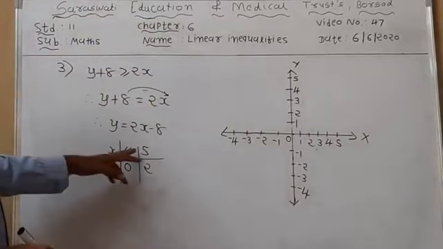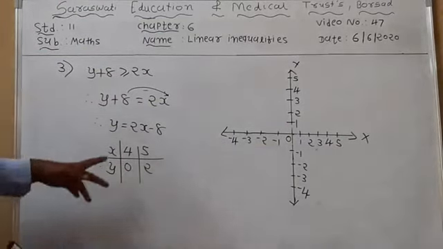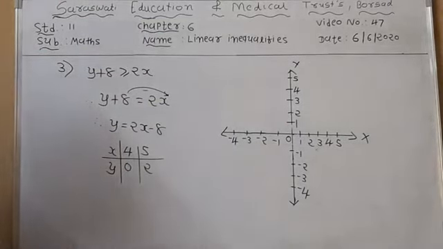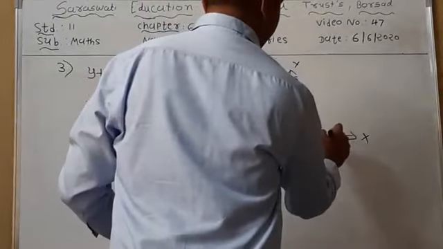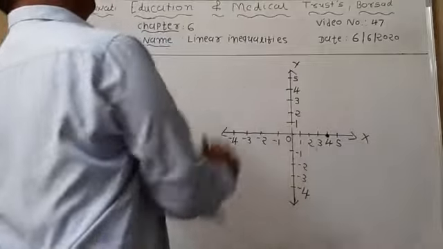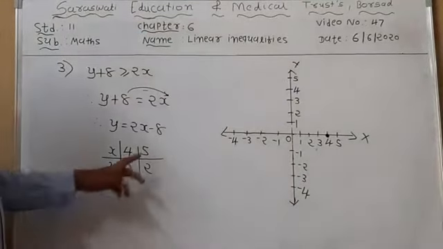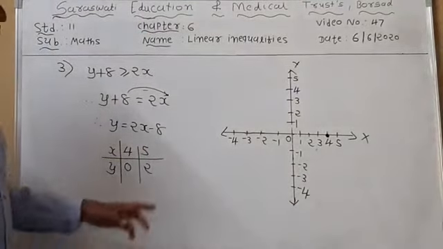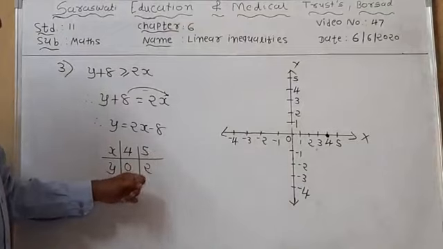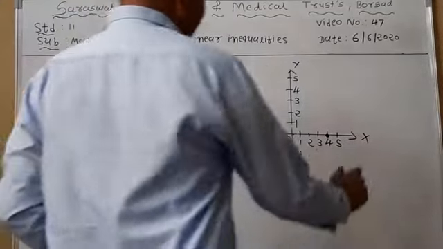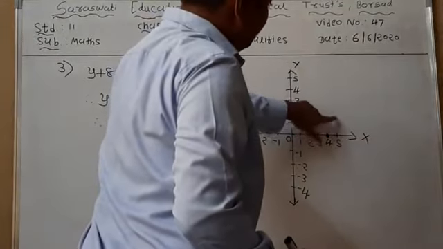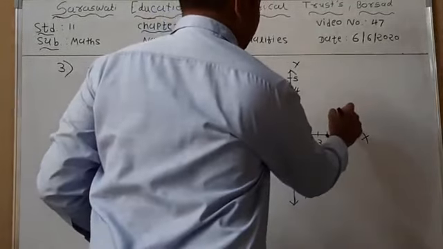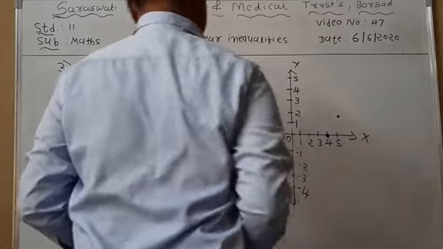Now here the first ordered pair is (4, 0). So on the x axis the point 4 is here, the y coordinate is 0, that means this point is here. And (5, 2): on the x axis here we consider 5 and on the y axis here we consider 2. Now 5 and 2 intersect here.